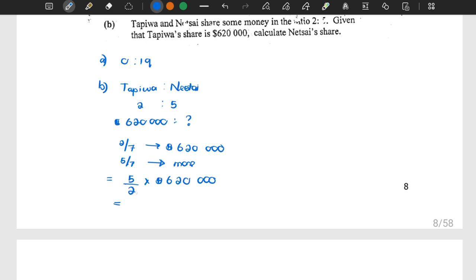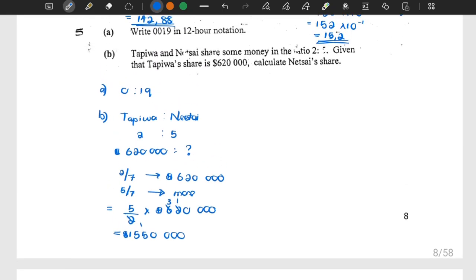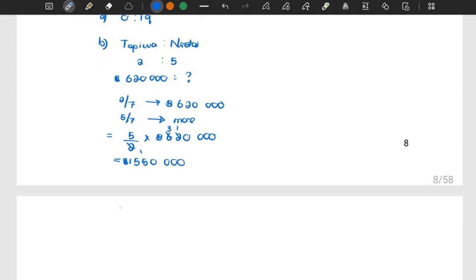Simplify that: 620,000 divided by 2 is 310,000, times 5, that's 1,550,000. So that's going to be Natsai's share, 1,550,000.